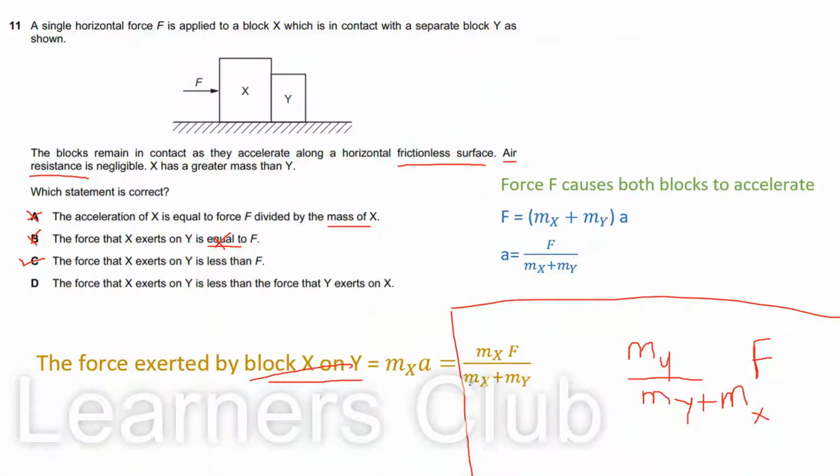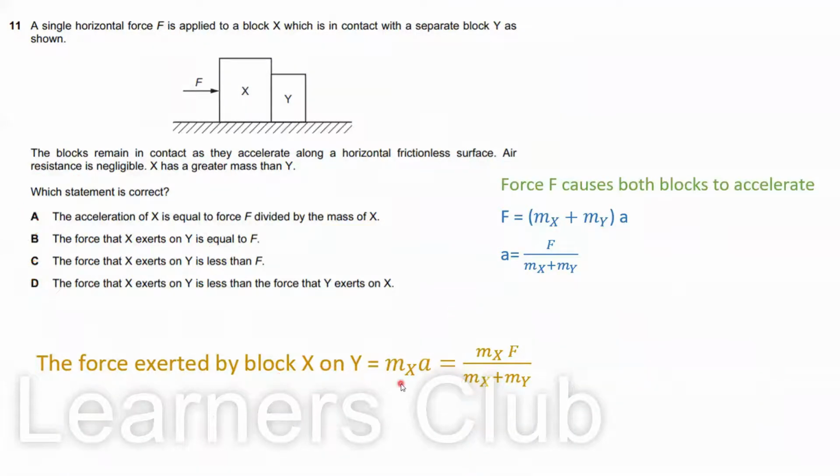As a result, this value will be greater than the other value. But option D mentions this force is less than the force that Y exerts on X, which is incorrect. Therefore, the option is C, and that's the answer.